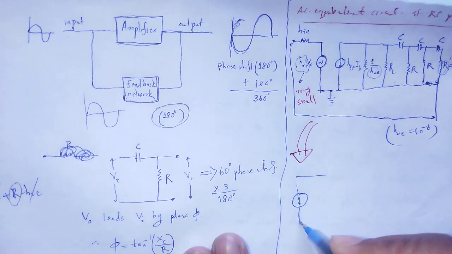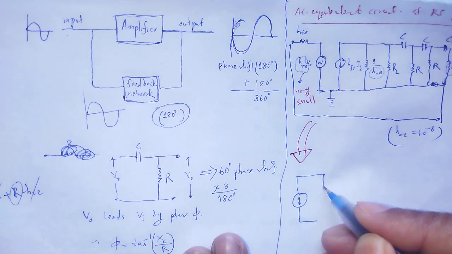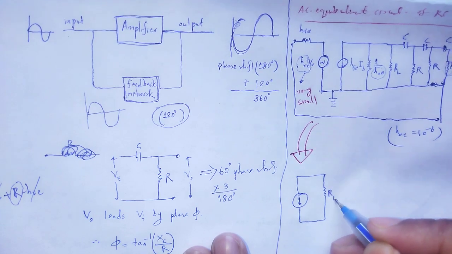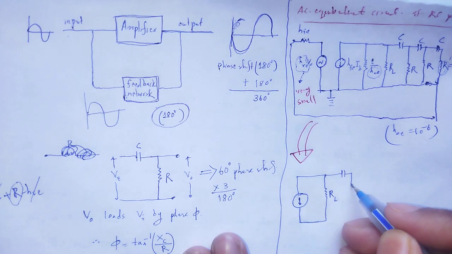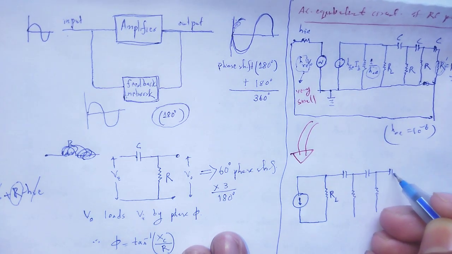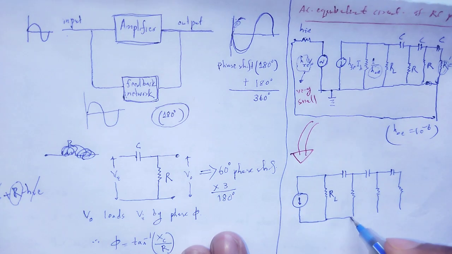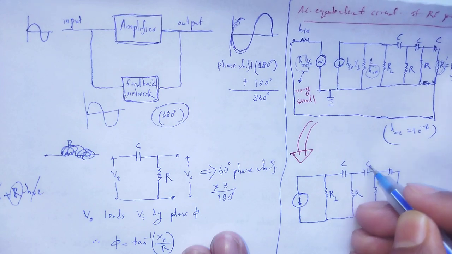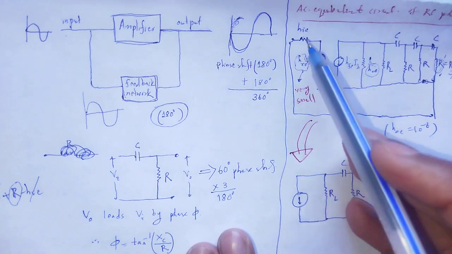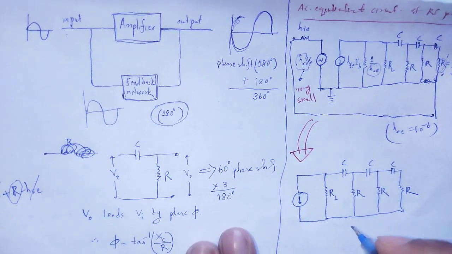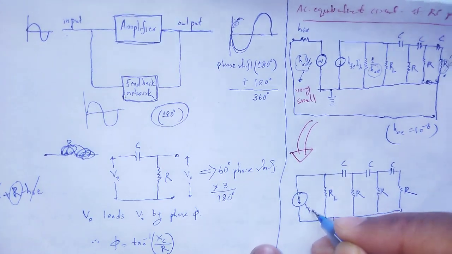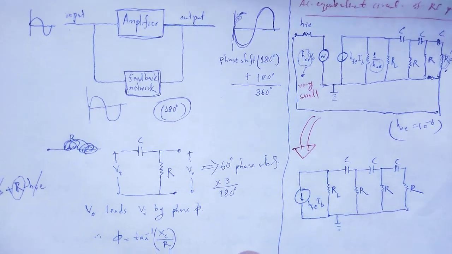The HRE source is neglected, then RL, C, R, C, R, C, R, where R dash is equal to R as HIE is added. That is the current source HFE IB.